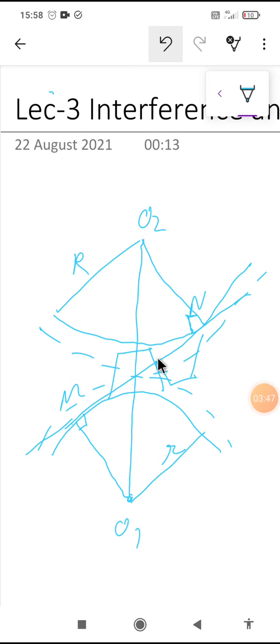The point of contact here is L, and here we are considering K. Now we need to draw an addendum circle for the pinion.